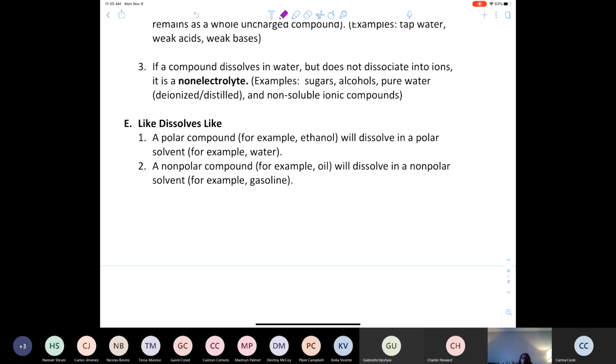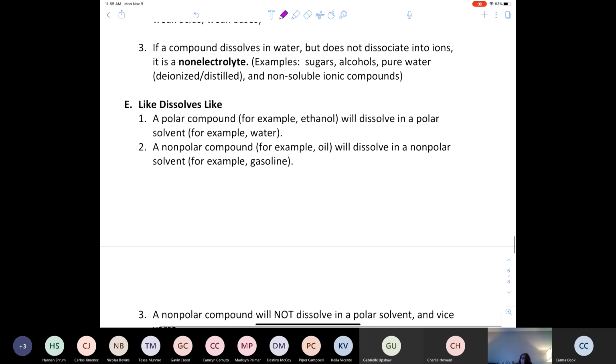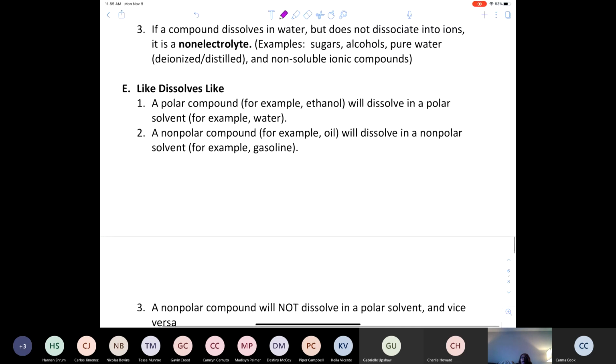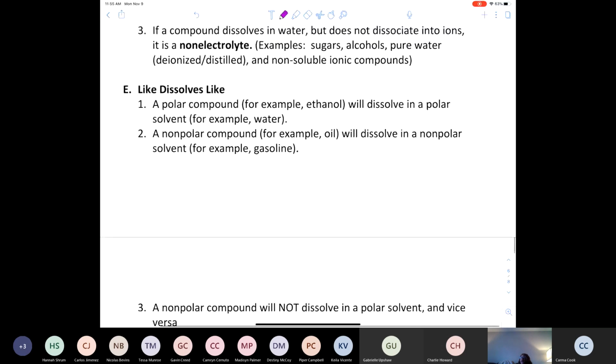And so one of the rules that we learned previously in a lab that we did this semester, in judging whether or not water will be dissolved or miscible with ethanol, for example: if both of the substances are polar, then they will dissolve in each other based on this simple rule, like dissolves like.